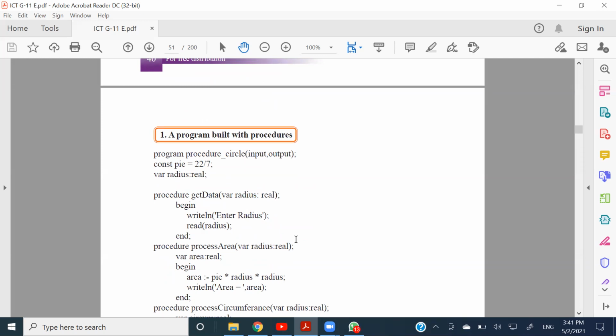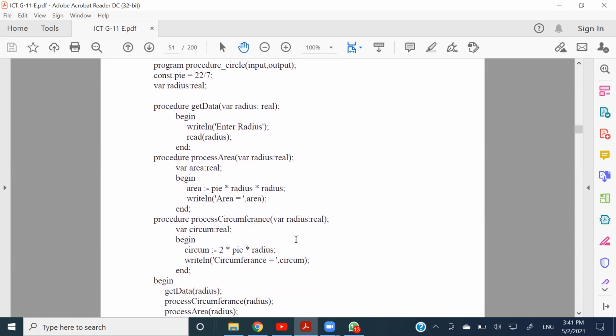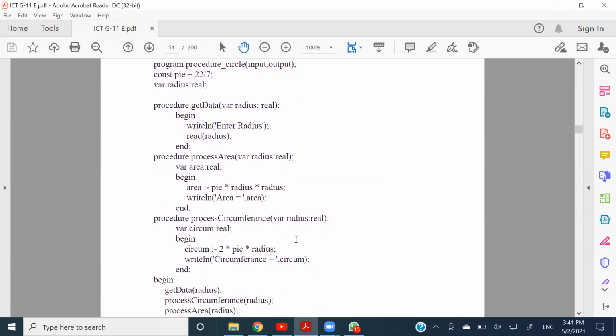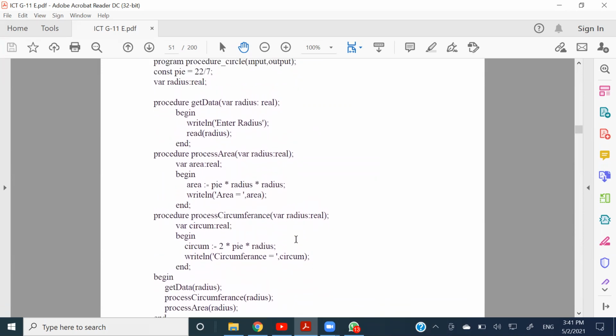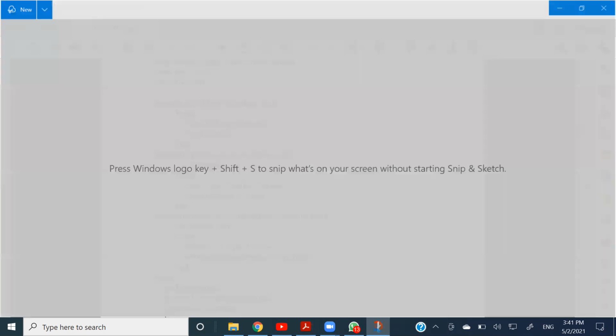Get data radius. Yes. Let me elaborate. Hold on. Let me take a screenshot.